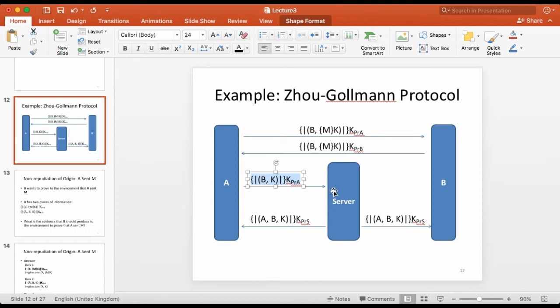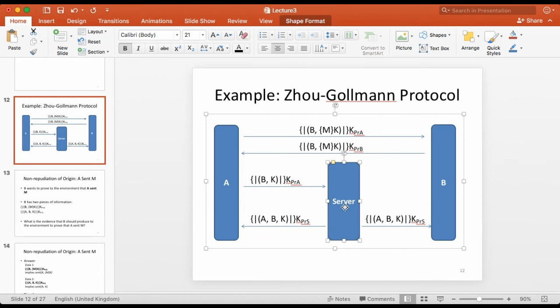Okay. Now, once the server receives this message, it knows that it came from A because it was signed by A. And finally, once it receives this message, it will then deposit this key K in its own internal database.